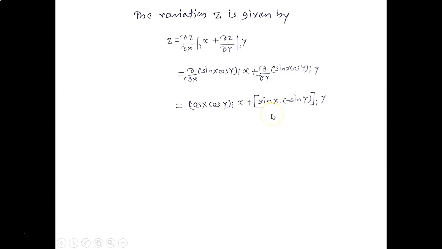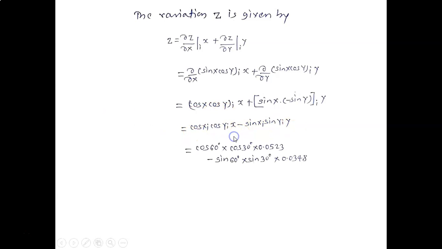Therefore, cos of xi into cos of yi into small x minus sin of xi into sin of yi into small y. We will substitute the values of xi, yi and small x, small y. Therefore, we are getting cos of 60 degree into cos of 30 degree into 0.0523 minus sin of 60 degree into sin of 30 degree into 0.0348.